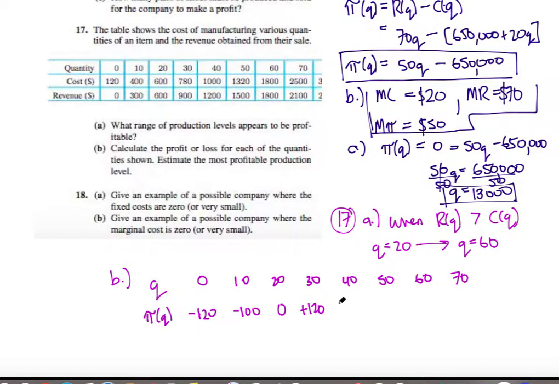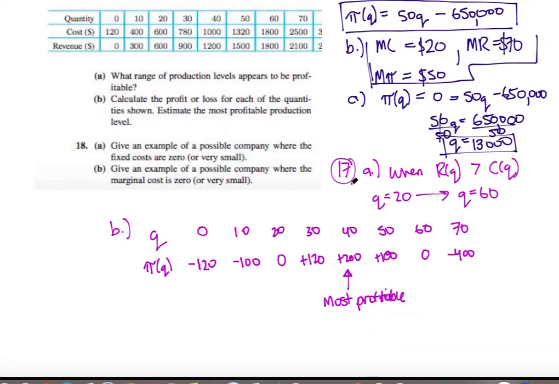If we sell 40, positive 200. If we sell 50, positive 180. 60, again, we're breaking even. And then at 70, we are actually losing $400. So the most profitable production level appears to be right here when we produce 40 shoes or 40 quantities of some item. When we have the most positive profit.